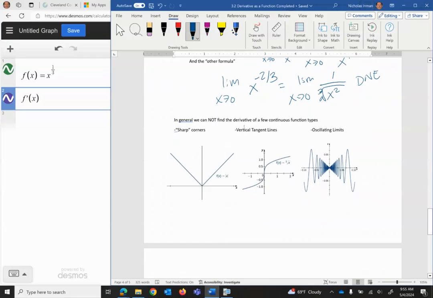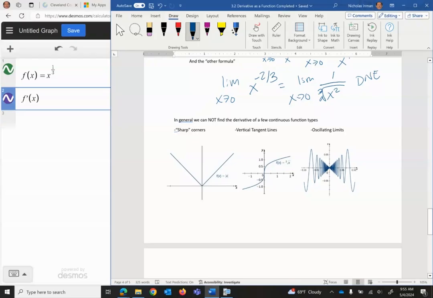If you ever have a sharp corner, you can't find the derivative at that sharp corner. You can't find vertical tangent lines, vertical slopes. And then these things that get really, really weird at a certain spot. Like I can find the slope of like this thing as it gets closer, but right here at this spot, we cannot find the derivative at that really weird spot.